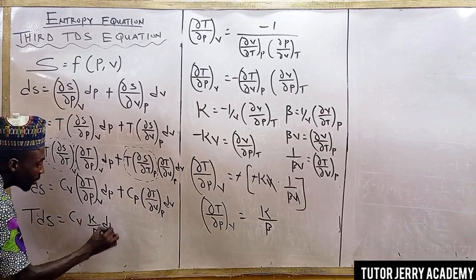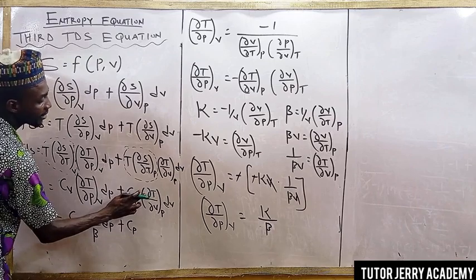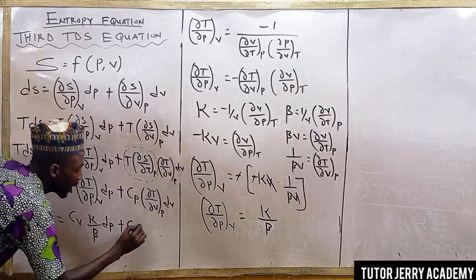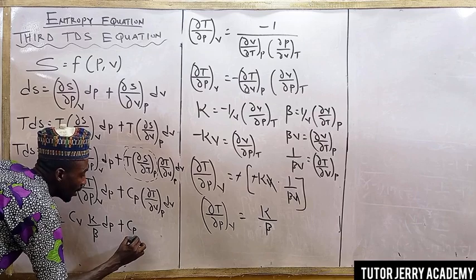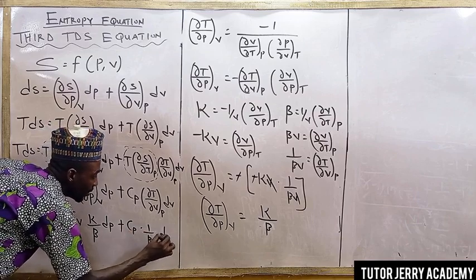Then we have this as Cp, then the partial derivative of T all over this is nothing but 1 all over beta. We have 1 all over beta multiplied by 1 all over beta V, then dV.